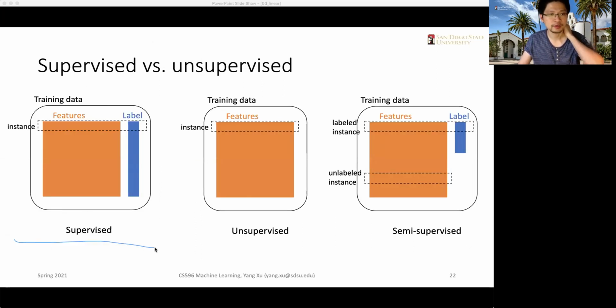Supervised learning. If you look at the training data, if you think of the orange and blue rectangles as matrices, as data, okay? If you look at one row of it, it's just one instance or one example, okay? And the training data for supervised learning has features and one column of labels. But for unsupervised training data, it usually looks like there's only features, okay? There's no actual labels.